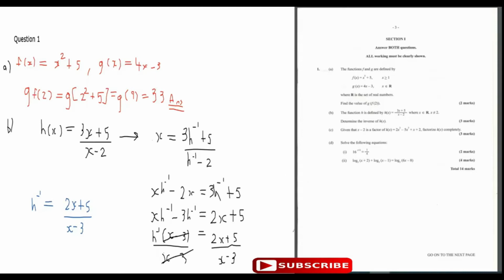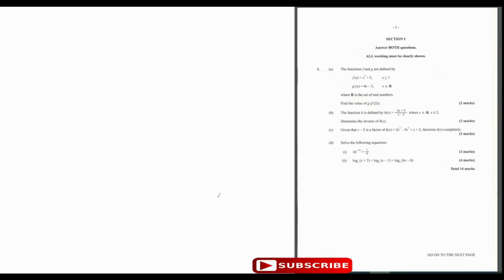Now the next part of question 1 says, given that x minus 2 is a factor of k of x, factorize k of x completely. Since they're telling us that x minus 2 is a factor, we can do polynomial division to find the other two factors.